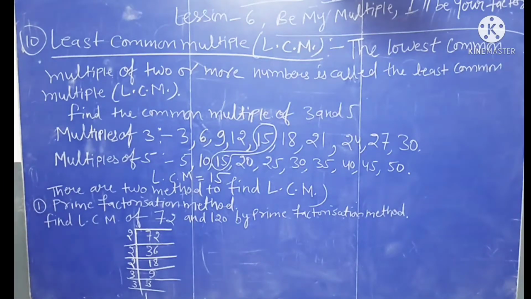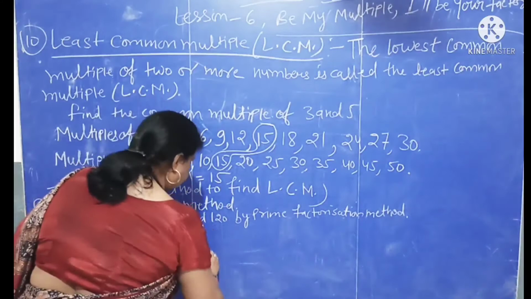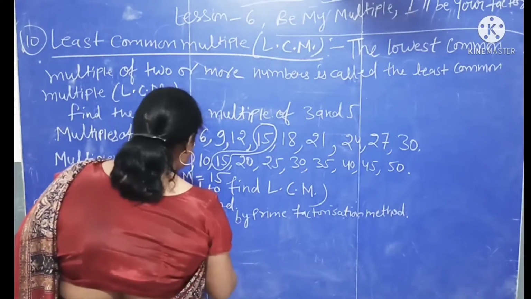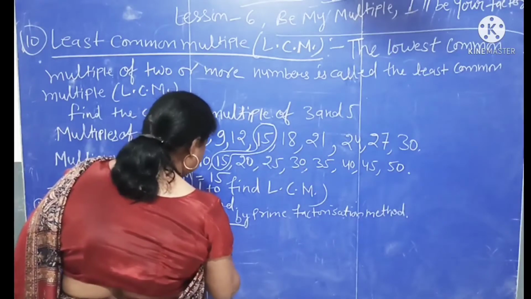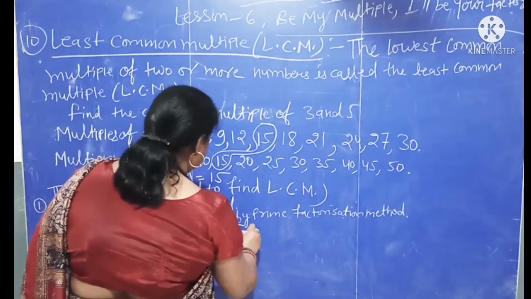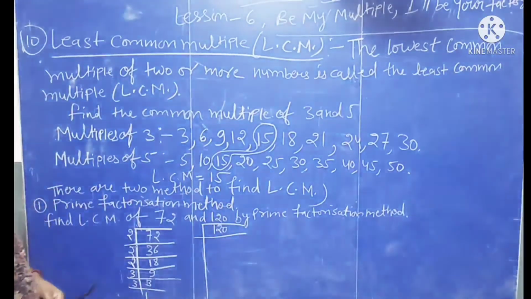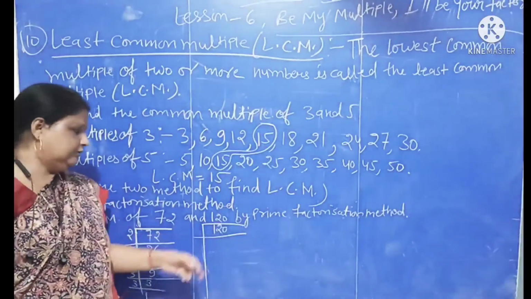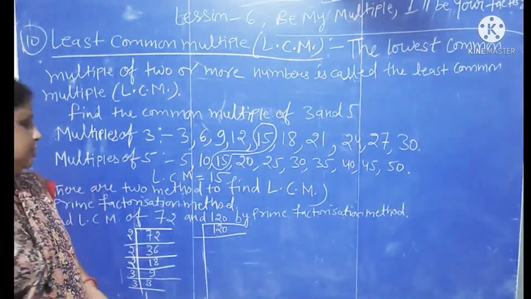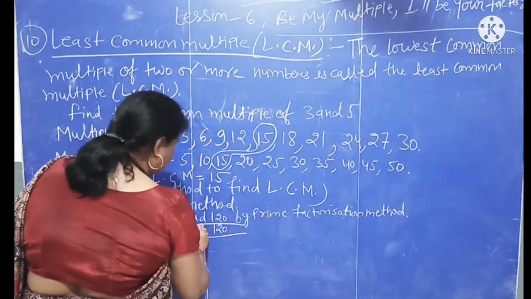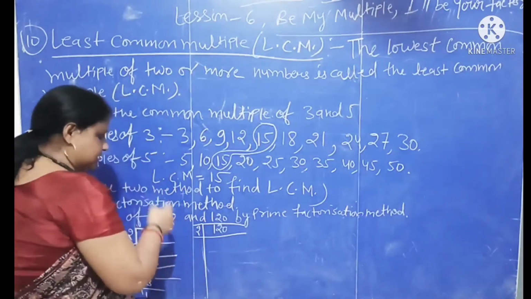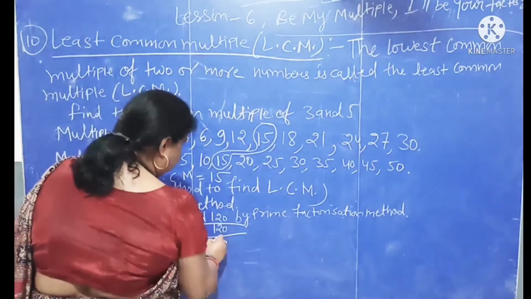Now, we have to find the prime factors of 120. So, let's find. Here it is 120. We make a structure like this. Here we write 120. And 120 is divisible by 2. So, we take the least prime number 2 as a divisor. 2 times 6 is 12.